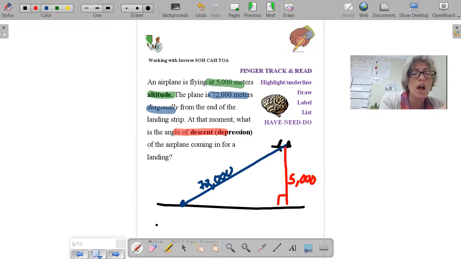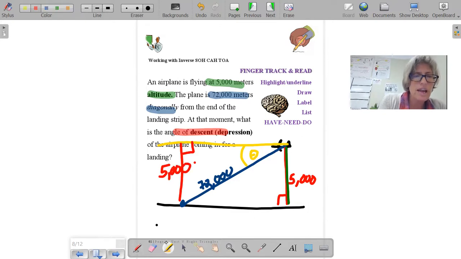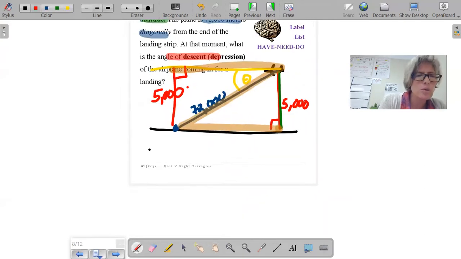What is the angle of descent or depression? And that's going to be horizontal going down, which means your theta is here. But you can carry over that 5,000 to this side because the angle of elevation and depression make an armpits of the Z. Have, need, do.